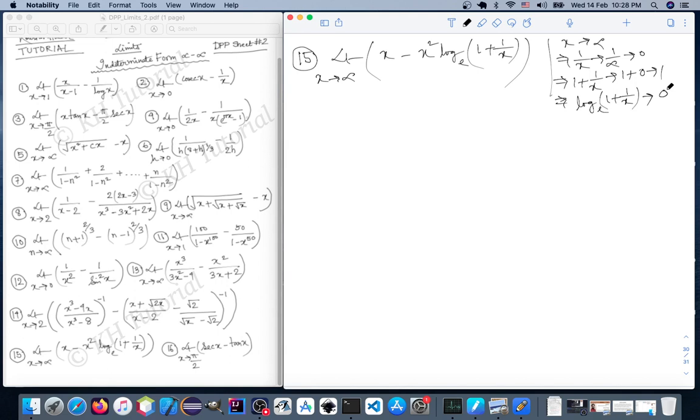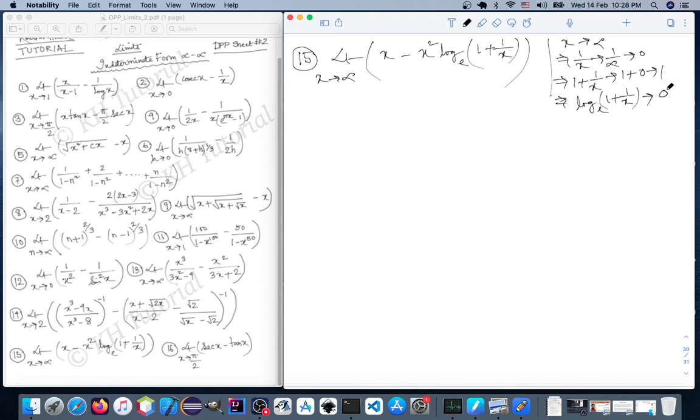So it is not actually of the form infinity minus infinity, because x square is tending to infinity and log of e 1 plus 1 by x tending to 0. So infinity multiplied by 0 is an indeterminate form.